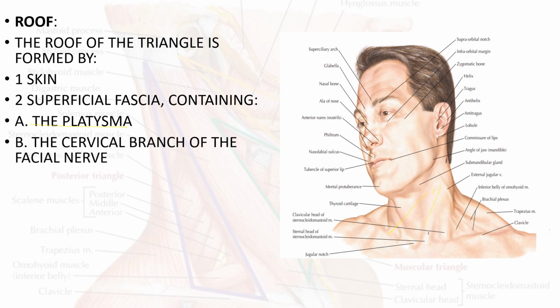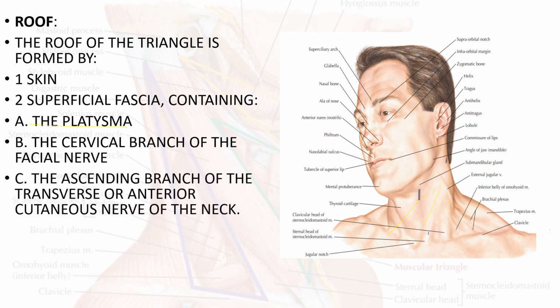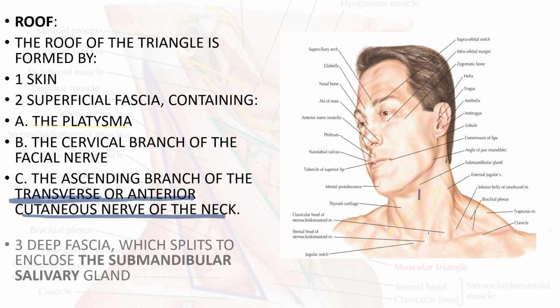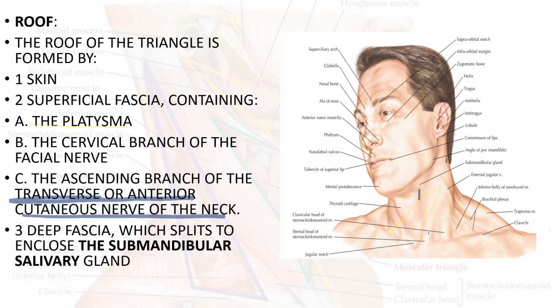Then we have the cervical branch of the facial nerve, the ascending branch of the transverse and anterior cutaneous nerves of the neck, and the deep fascia. Deep fascia layer होती है, उस पर अलग video है, you can see.